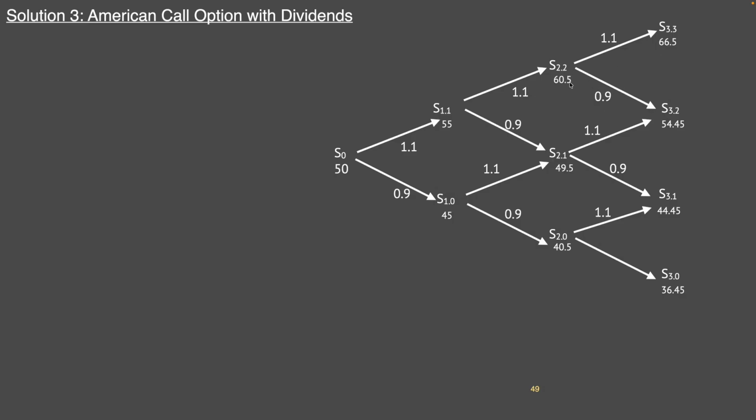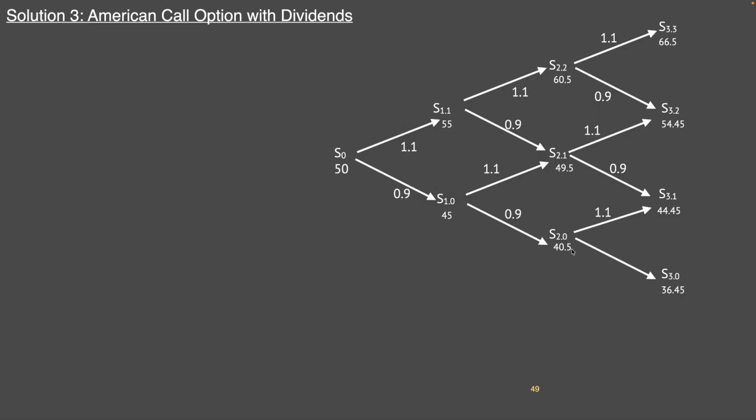If it moves up by another 10%, 60.5 into 1.1 will become 66.55, and 60.5 into 0.9 becomes 54.45. At this node, again there is a probability of up move of 10% and down move of 10%. So 49.5 into 1.1 will be 54.45, and 49.5 into 0.9 will be 44.55. When you come to the S20 node, here again this stock price of 40.5 has a probability of up move of 10% and down move of 10%.